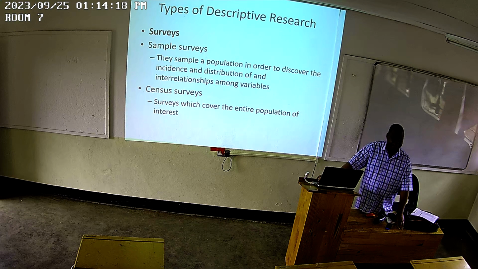For example, National Statistics Office, after every 4 years, conducts Malawi population census. What they are claiming there is that they want to study the whole population in Malawi, each and every person in Malawi is studied. So they conduct a census.